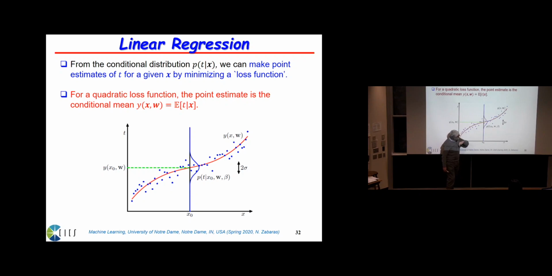Before, we fitted the data to some polynomial, some regression function. Now what I'm going to do is take that regression function and make it the mean of some Gaussian response at that input x0.